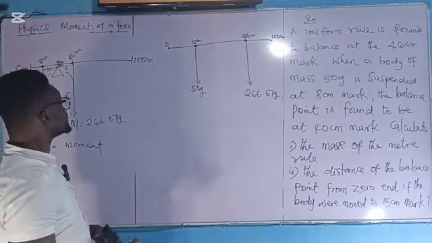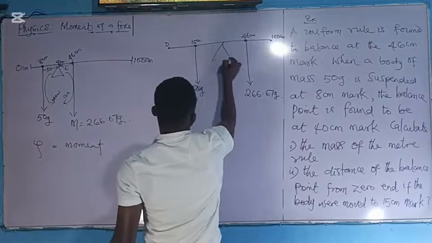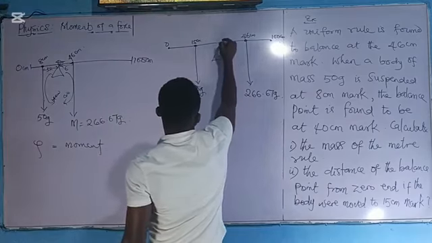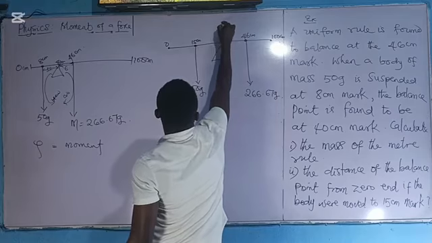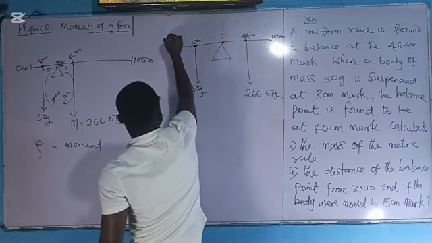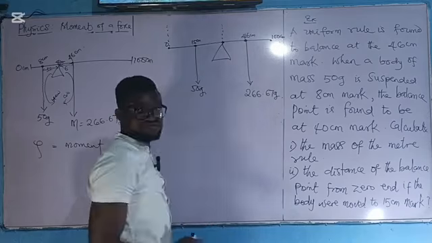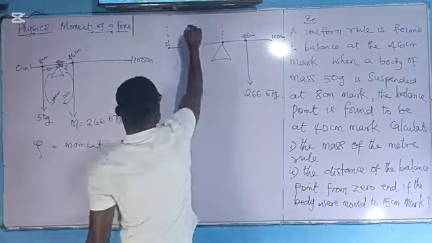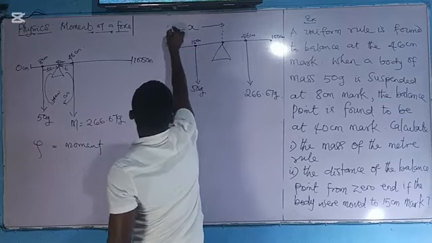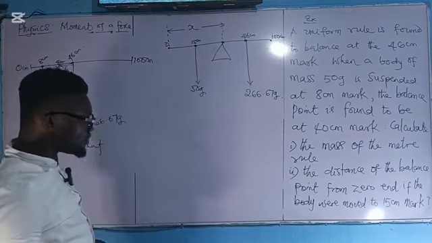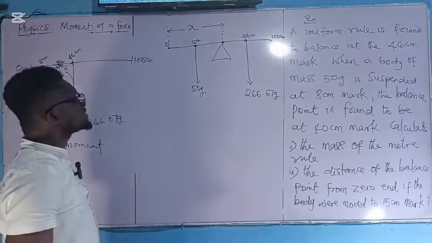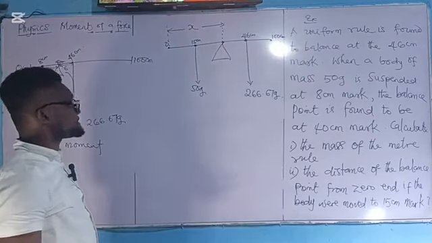So you have to adjust this center of gravity. So what is the distance of this center of gravity from the 0 point? That's the question. Now, if the distance is x from the 0 point, what's the value of x?